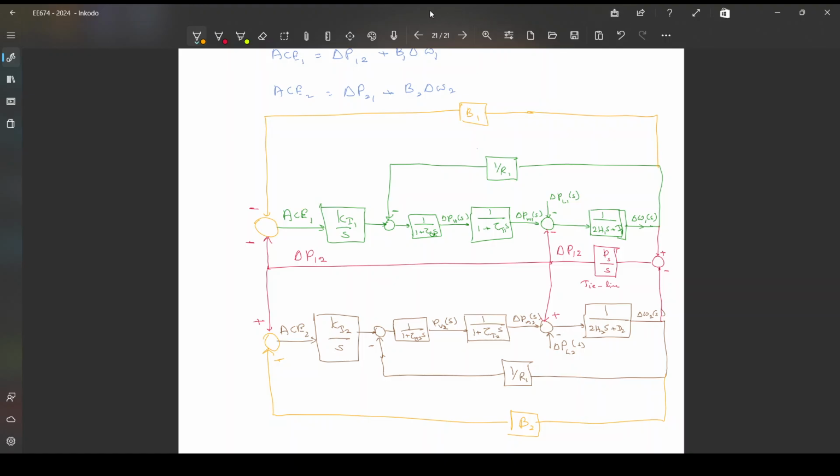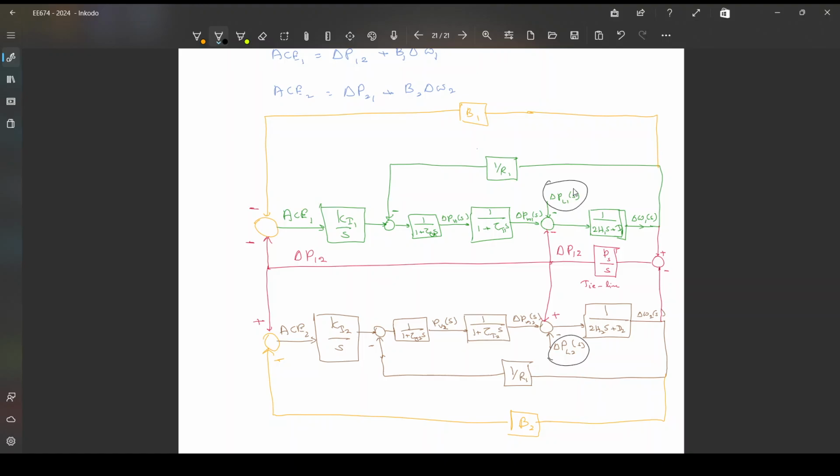So when the load changes, you can see your load is at these two points, the load in area 1 and the load in area 2. You can implement this in MATLAB and change the load in area 1 and see what the effect would be, and then do the same for area 2, changing the load in area 2 while keeping the load in area 1 constant.